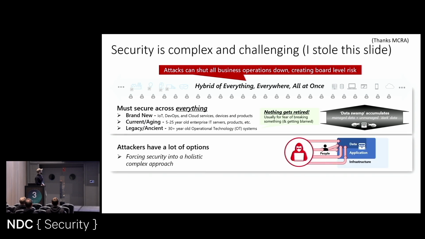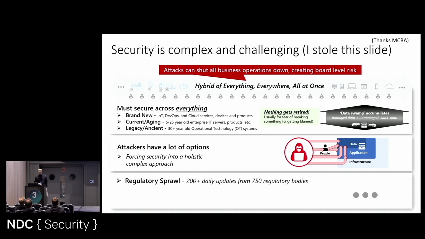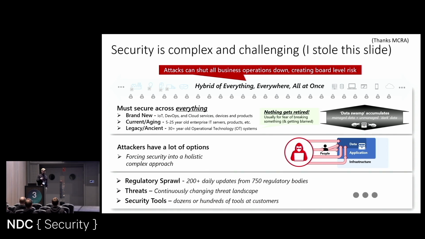And the attackers that are attacking us, they don't care. They will attack anywhere. And this forces us into end-to-end security. So we need to think of everything. And not to mention, if you work in different industries, you have different regulations in the EU, USA. It's different regulations. Obviously, threat actors are going to take all the tools and run with them.